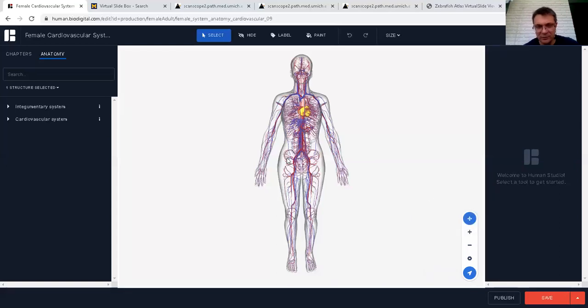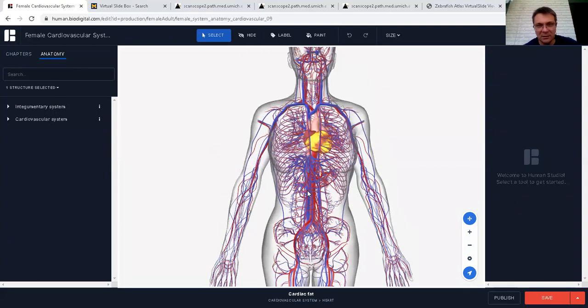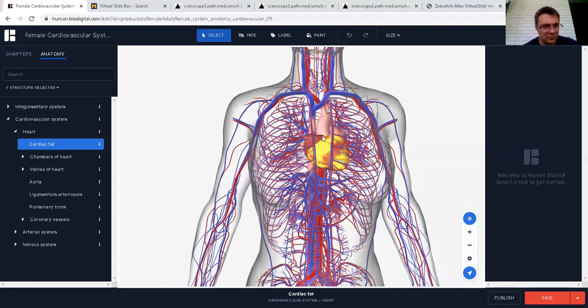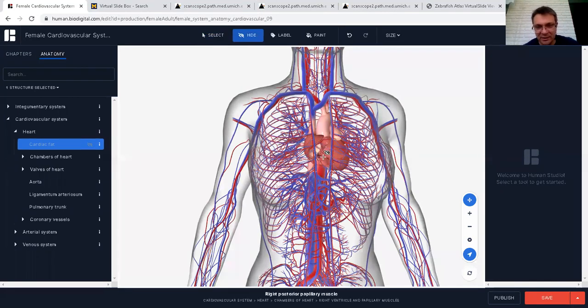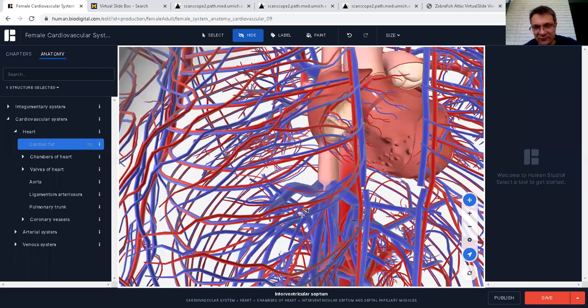Switch to pan mode. Okay, once again, I don't want to see that. I'm just hiding the parts one by one just to reach the valves.